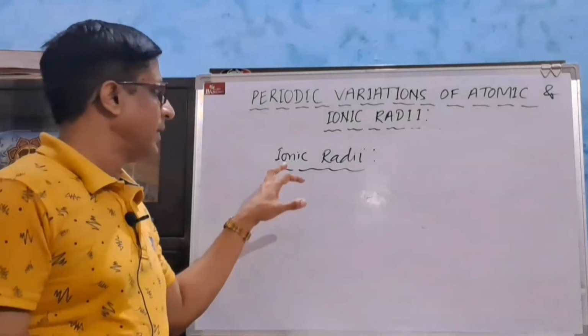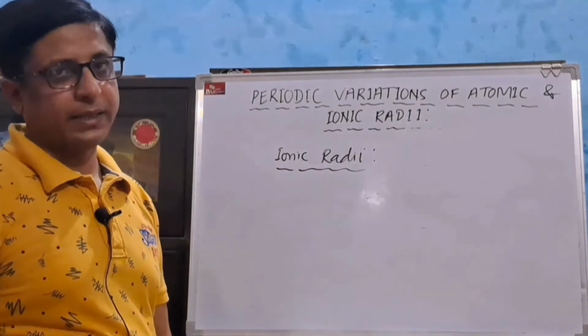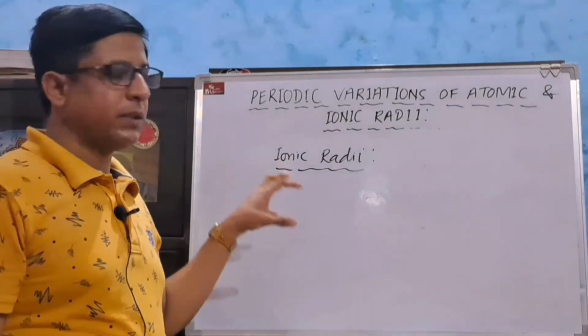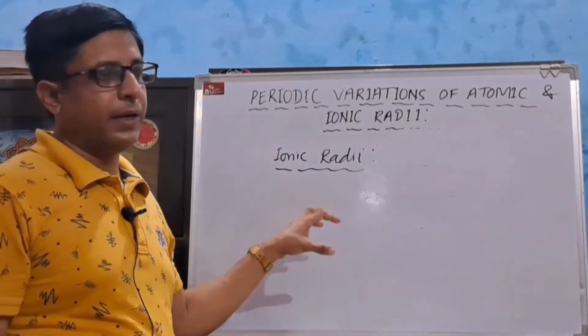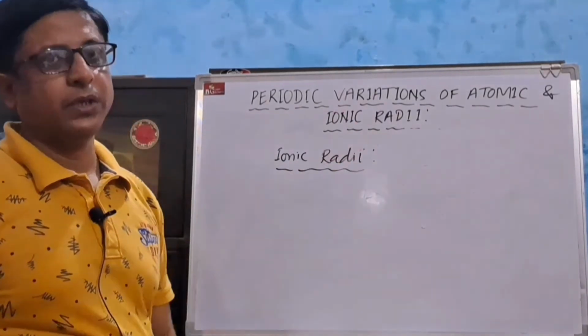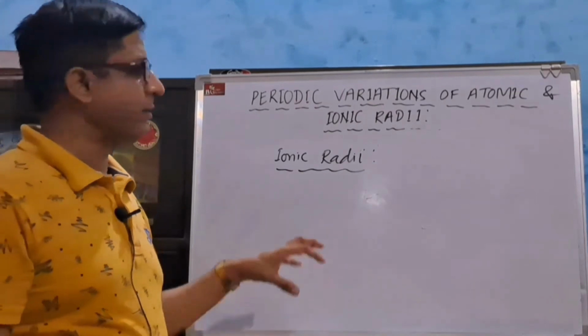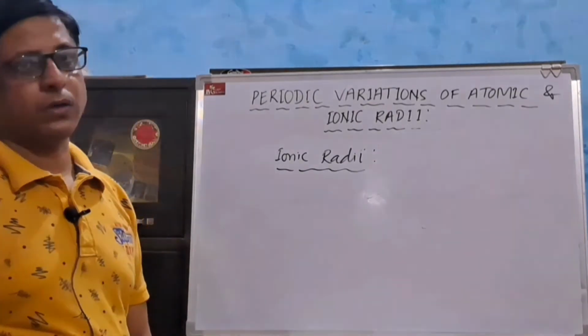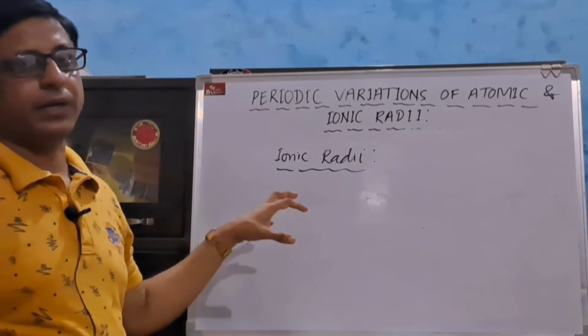Thus, ionic radii may be defined as the distance between the nucleus of an ion and the point up to which the nucleus has its influence on electron clouds.